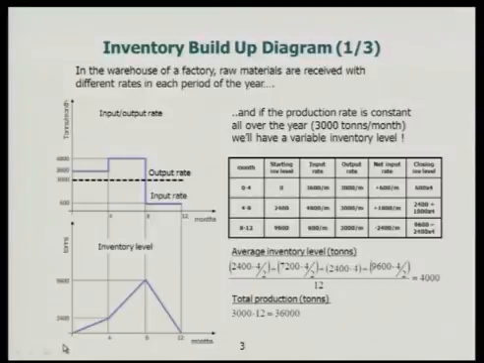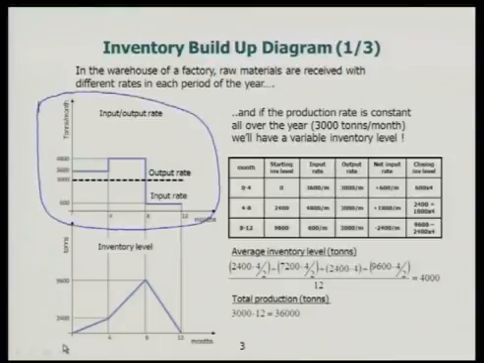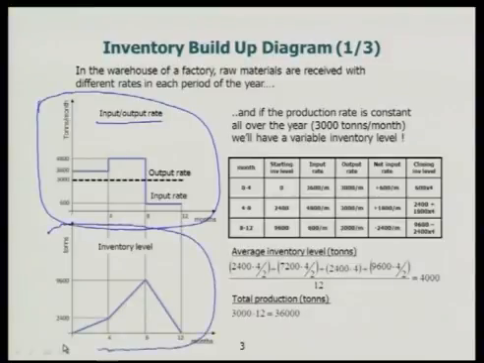We'll analyze two graphs. The first graph describes the input and output rates, that means the rates at which the inventory is filled and at which the inventory is depleted. The graph in the lower part of the slide will describe the inventory level, how it changes. So this is a method.